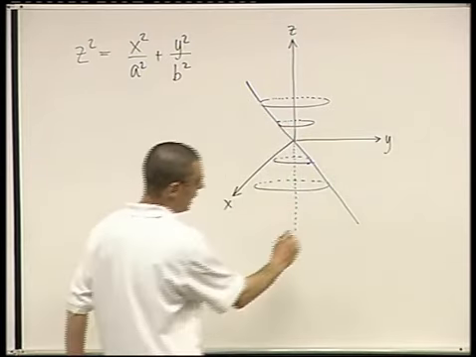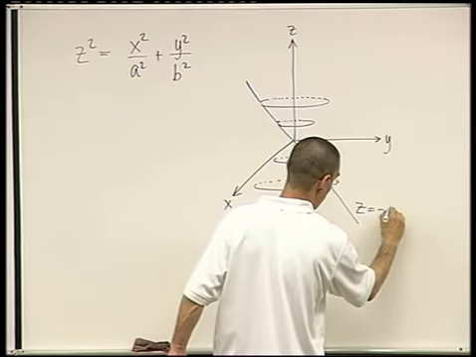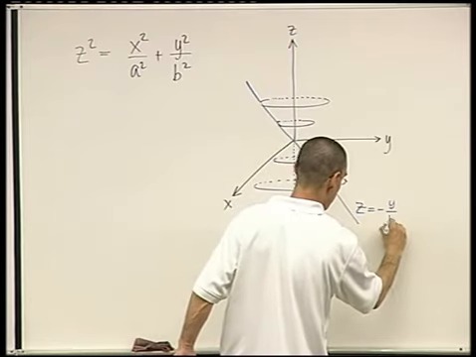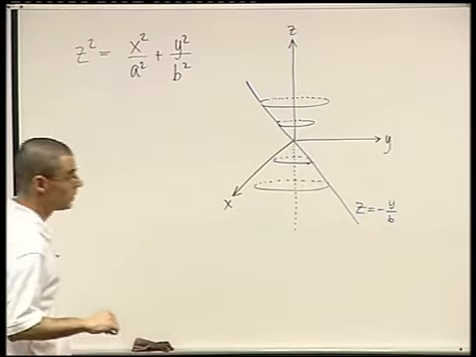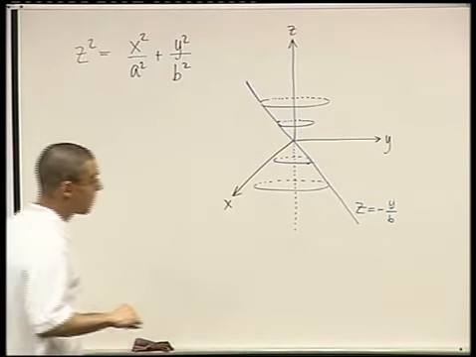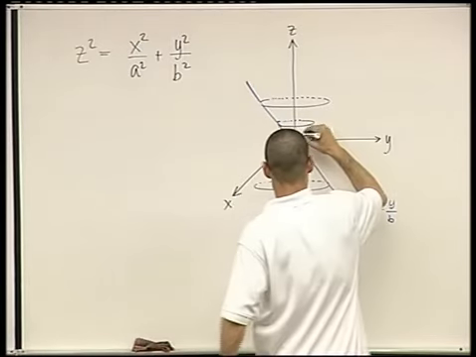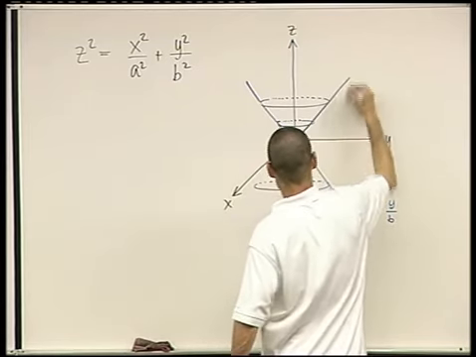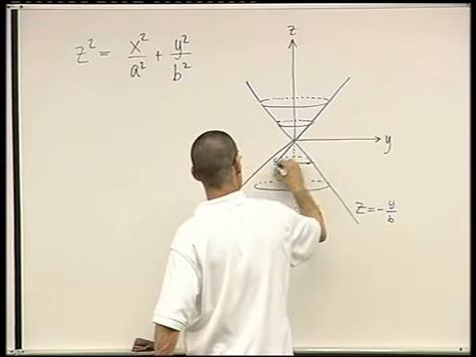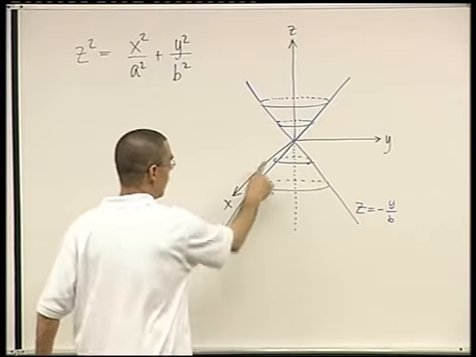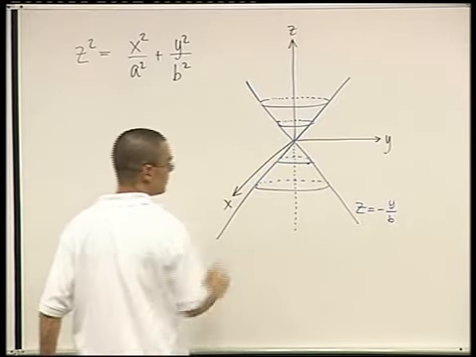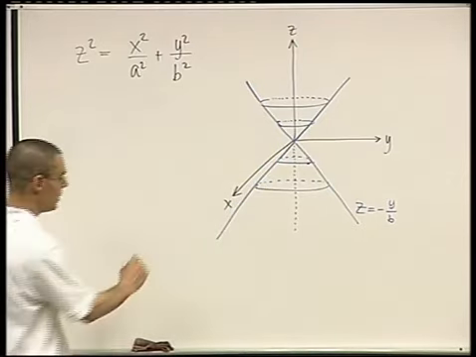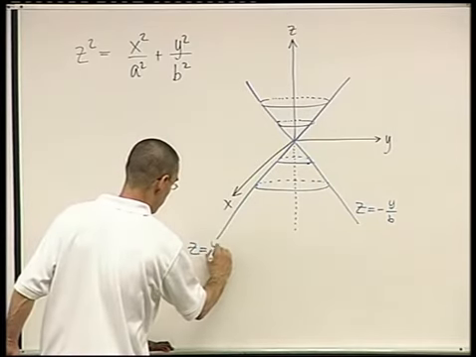Okay, so this is the line z equals negative y over b, right? And I get the line z equals y over b. That's this line here. These are the lines sitting on the board. So this is z equals y over b.